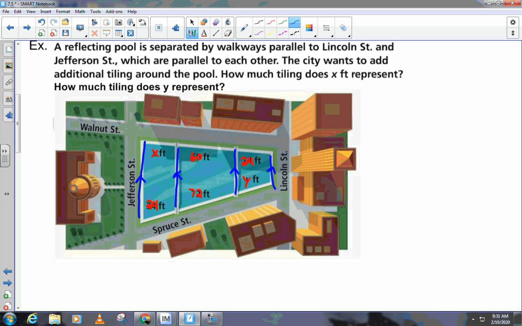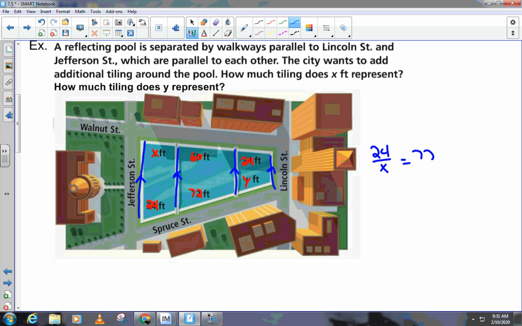Okay, so if these are all parallel to each other, these are my 2 transversals, what can I do to find X? Any thoughts? What do you think, Will? Think we can figure out what X was? Make a proportion. What would my proportion look like? 24 is to x as 72 is to 60.